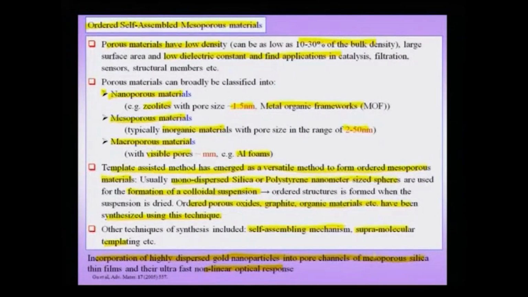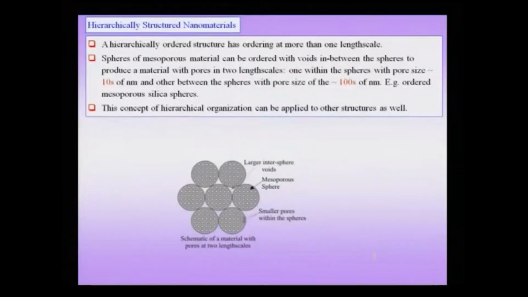So, ordered self-assembled mesoporous materials, which also include nanoporous materials, definitely are finding very important applications, and they are an important class of materials in their own right. Additionally, we can have hierarchically structured nanomaterials. In an early example, we had seen that the structure of the lotus leaf is hierarchically ordered, and this hierarchical construction can give rise to an important property, which is superhydrophobicity.